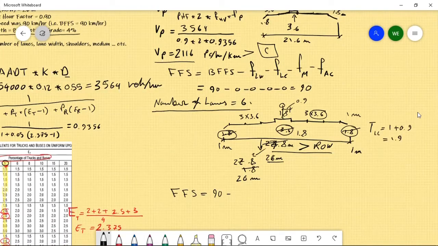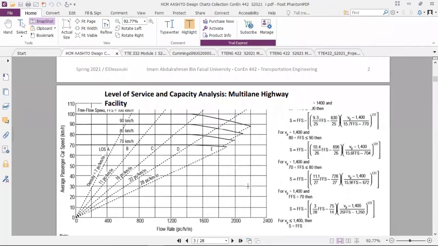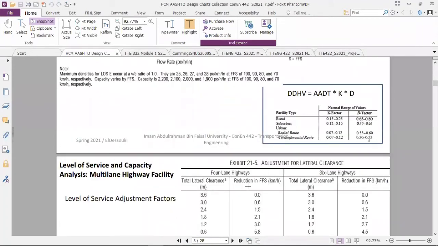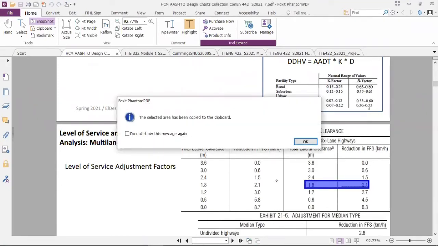So the lane width reduction factor is 0, but for the lateral clearance, there is a reduction. So we'll go to the total lateral clearance. Here we have 1.8. There is a reduction of 2.1 kilometers per hour. You see this one here. Okay.